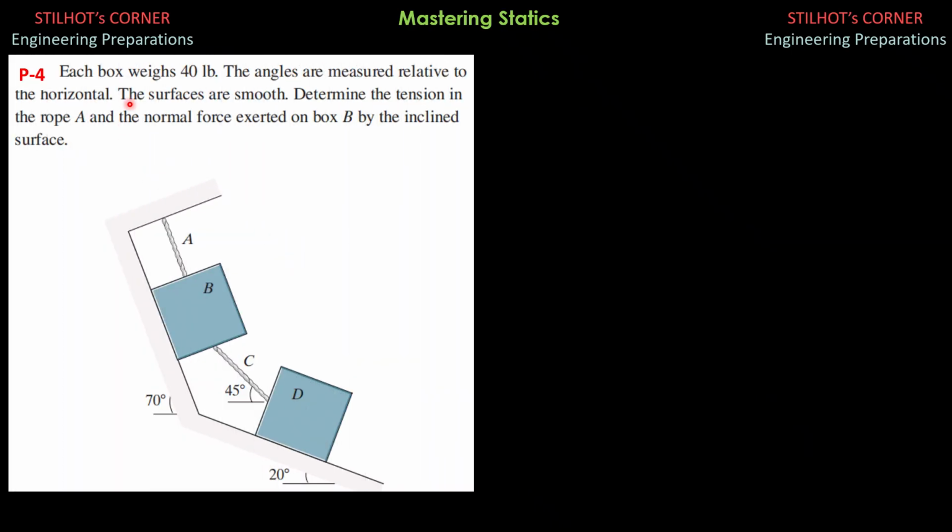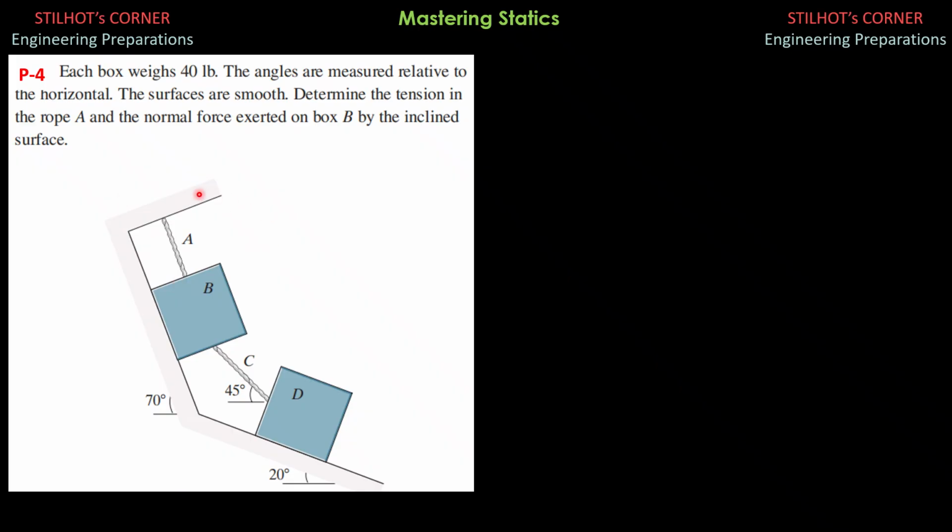Next problem, each box weighs 40 pounds. The angles are measured relative to the horizontal. The surfaces are smooth. Determine the tension in the rope A and the normal force exerted on box B by the inclined surface.